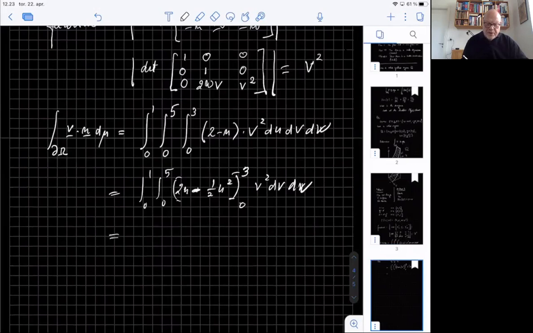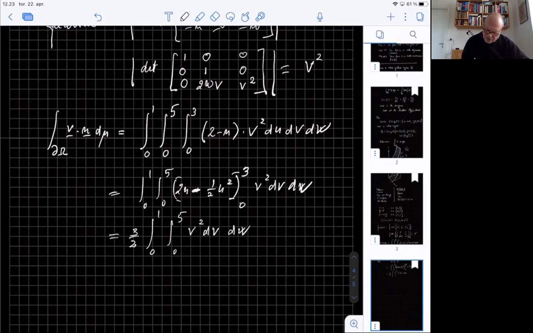So this will be 3/2, this parenthesis evaluated. You can put this outside your integration, and then you have the integral from 0 to 5 of v squared dv times w.